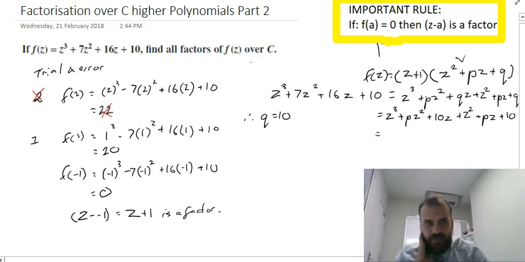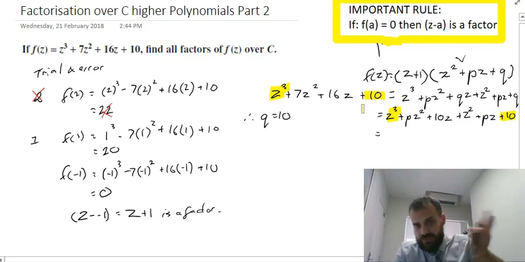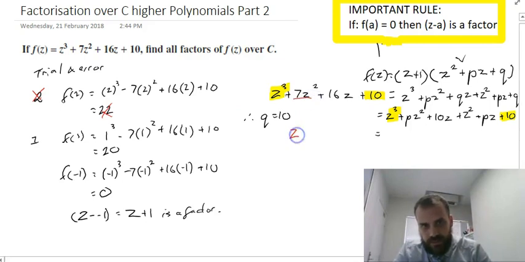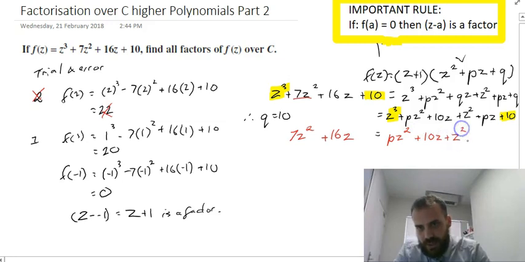So let's take a look at what we've got now. We've got a z cubed on this side and a z cubed on this side. We've got a 10 here and a 10 here. So what have I got left if I cancel them? Well, 7z squared plus 16z is equal to pz squared plus 10z plus z squared plus pz.